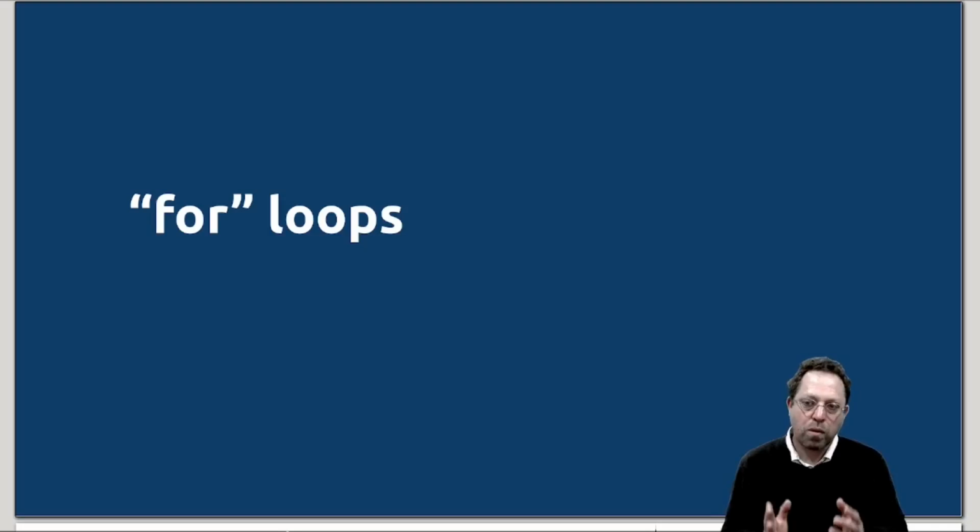So why is this? Why are for loops used more than while loops? Well, you'll remember that one of the things about a while loop was that there was no limit on how many iterations it would take. And that was useful when, for example, we were interacting with a human user and we didn't know beforehand how many tries they were going to need.